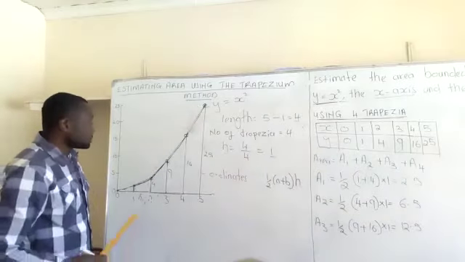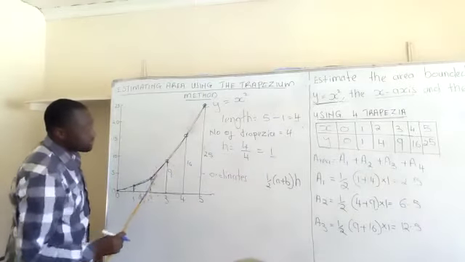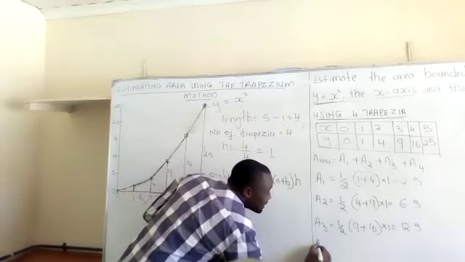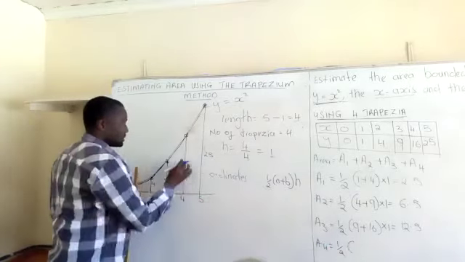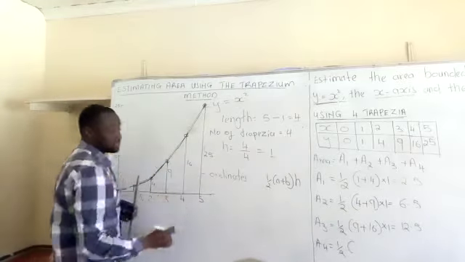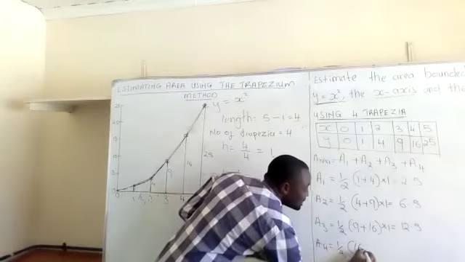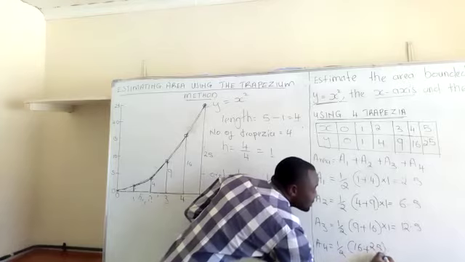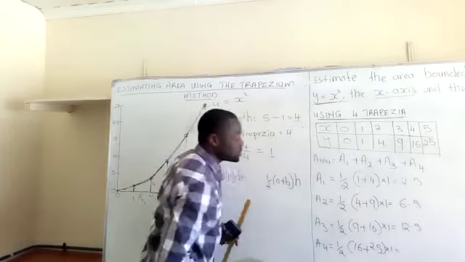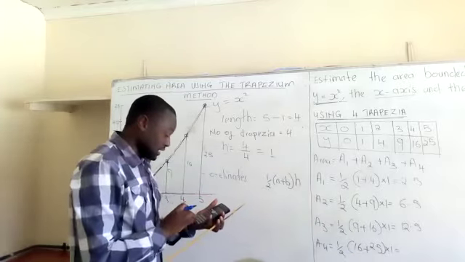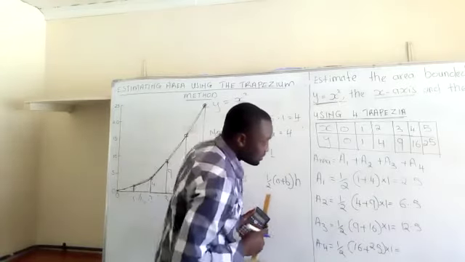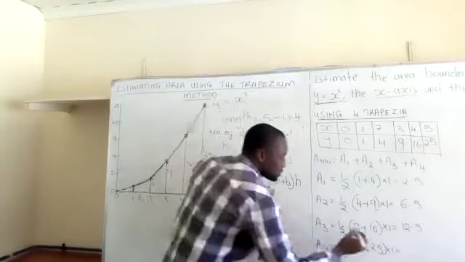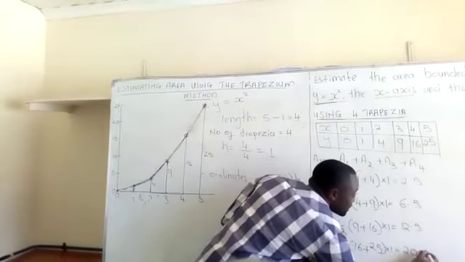And finally, we'll have the area of the fourth, which is a half into, this is 16, this is 25. So 16 plus 25 times 1, which will give us, if I use my calculator, 16 plus 25, that gives us 41, which will be 20.5.